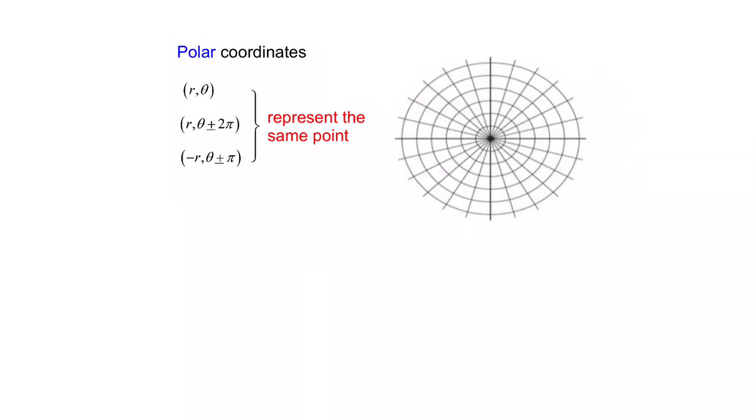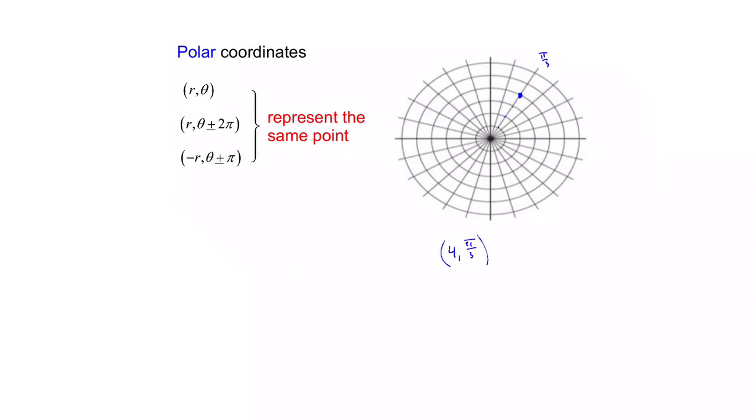R comma theta, so if you pick a point, and we'll pick the point, let's do 4 pi over 3. So that would be pi over 3 right here. And then 4, 1, 2, 3, 4. So let's just pick this point as a reference. So the ordered pair 4 comma pi over 3 represents a point.